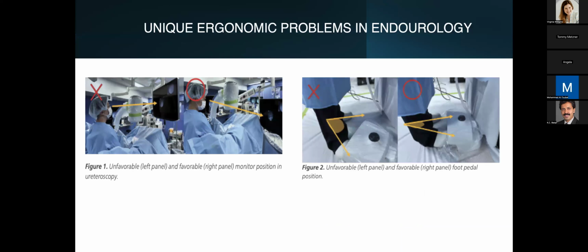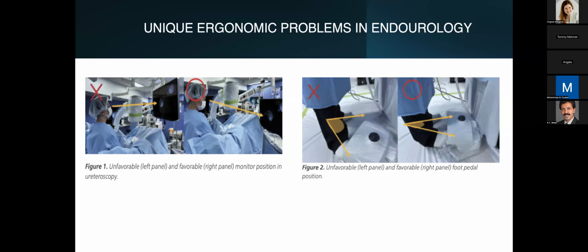So, some unique ergonomic problems in endourology. Endourological procedures are usually associated with prolonged static positioning and repetitive movements, as we all know, and these usually create a high-risk ergonomic situation. There was one study that identified two major risk factors for WMSDs after endourological procedures: surgery and medical conditions such as arthritis, and, as I said earlier, prostate resection and prostate size.